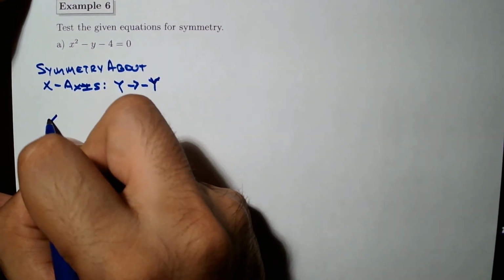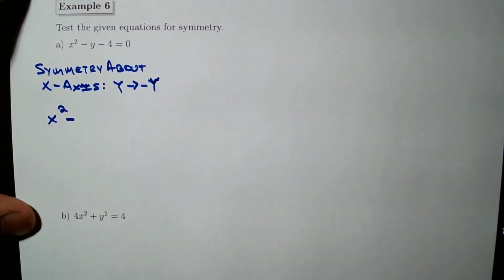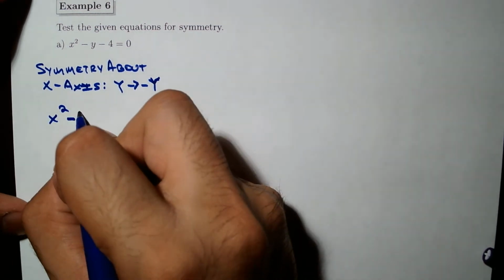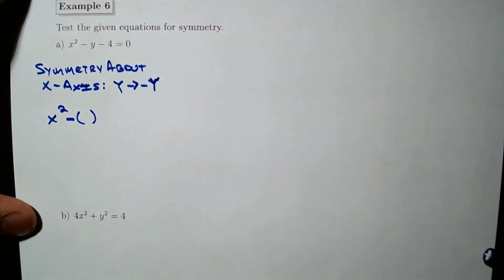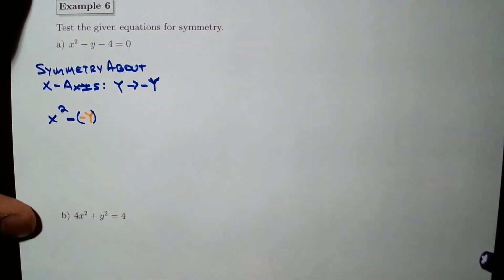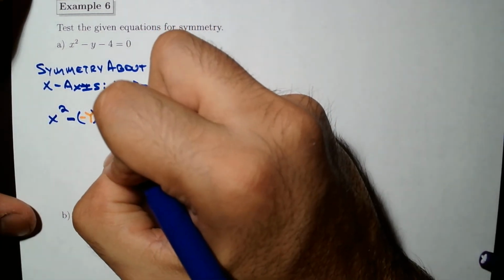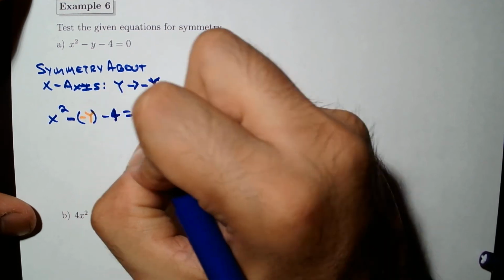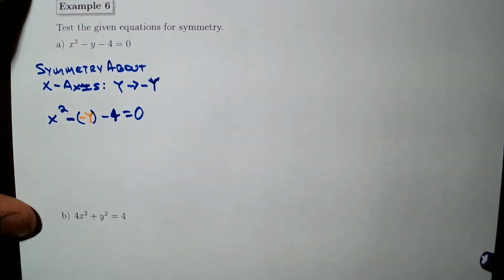So I'm going to write x squared minus, the y will be replaced with negative y, minus 4 equals 0.